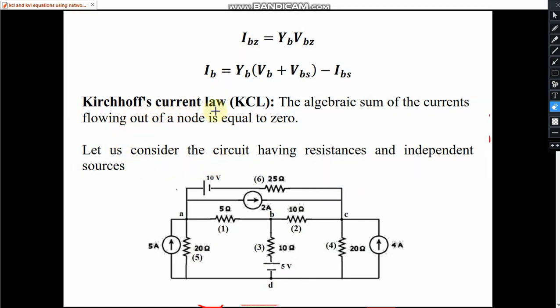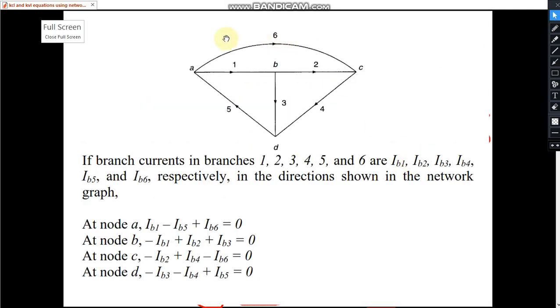So as far as Kirchhoff's current law is concerned, let us consider this circuit. Now this circuit is having only independent sources and resistances. For simplicity, we are starting with such kind of circuits. So if it is so, then this is the graph as we have discussed earlier.